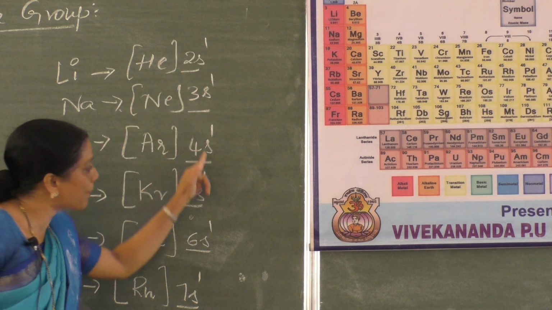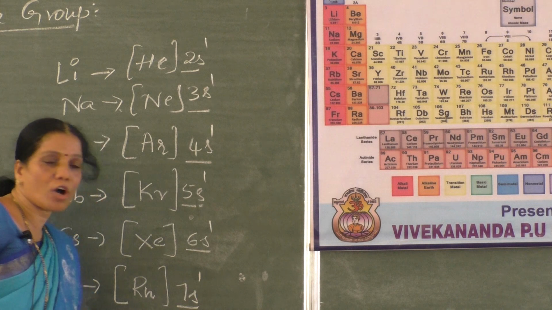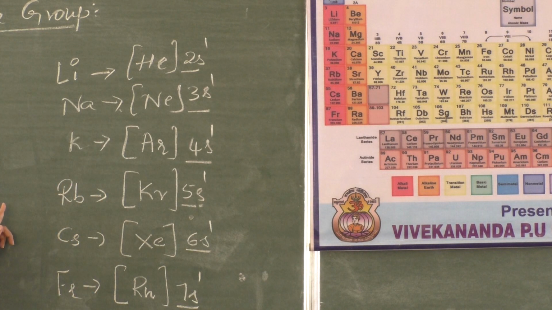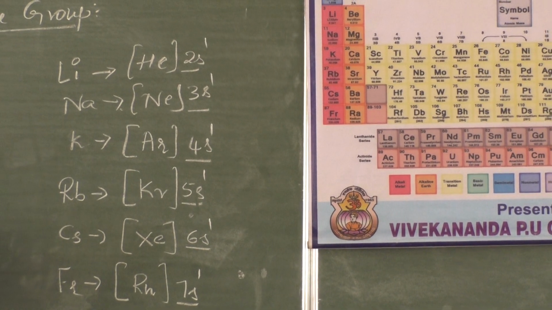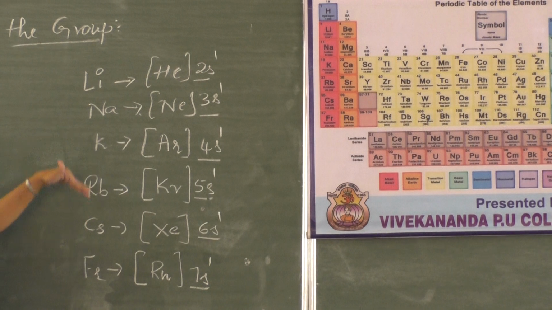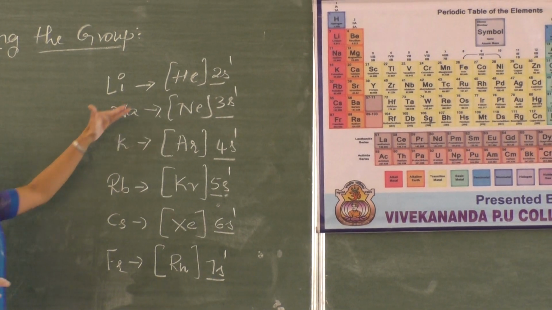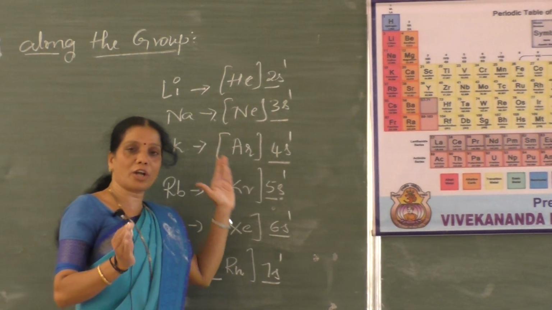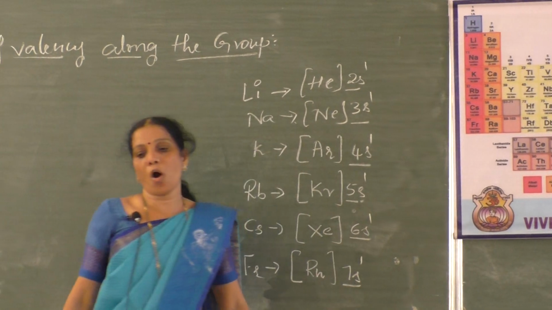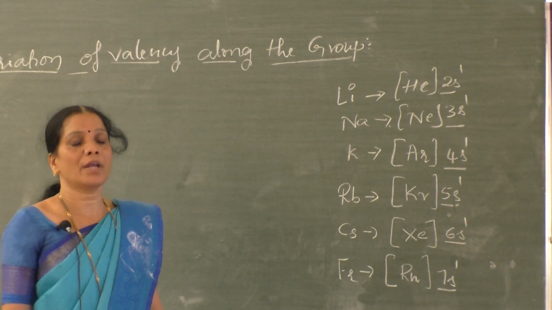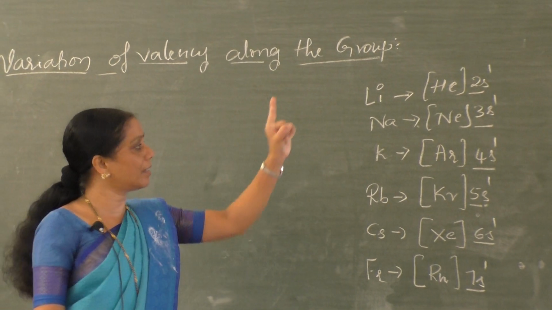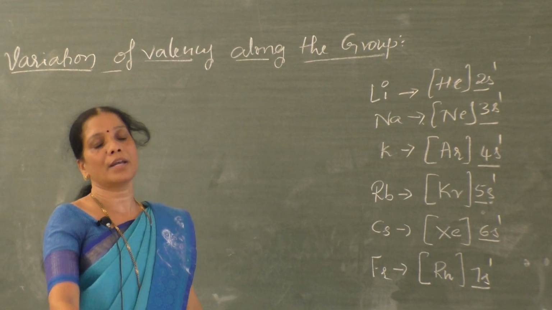Hence the combining capacity, the valency, of all these elements is always 1. Understood? Does the valency of the elements vary down the group from top to bottom? No. The valency of the elements belonging to a particular group always remains the same. For any element of the first group, the valency is always 1.